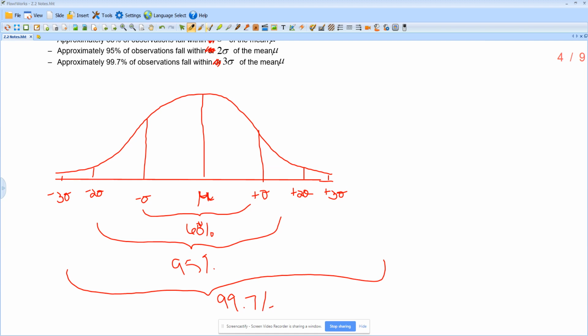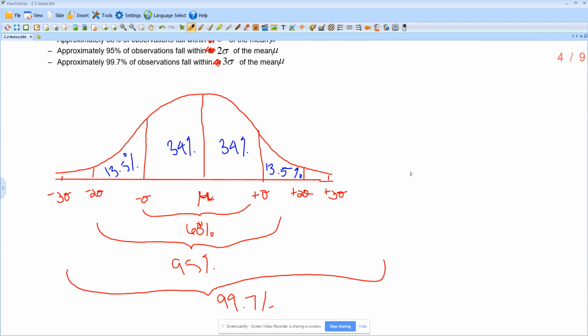99.7% of our data. So if we're looking at each one of these sections, then this would be 34% and 34%, since this total is 68. This would be an additional 13.5% and 13.5% to give us that total of 95.